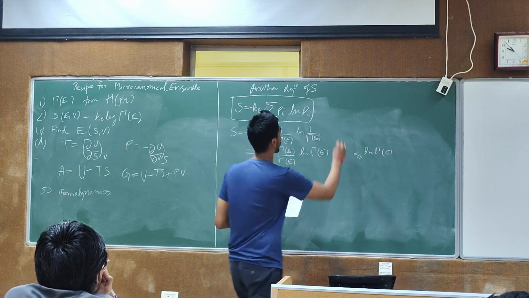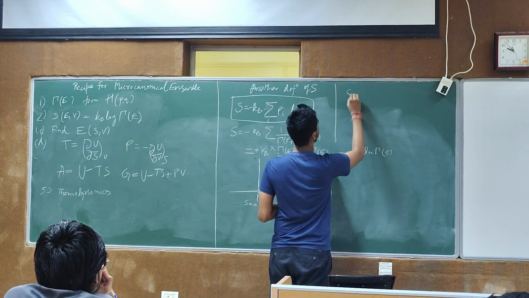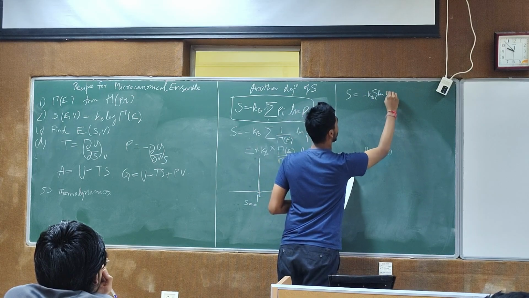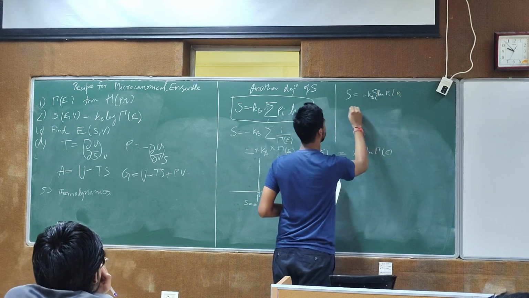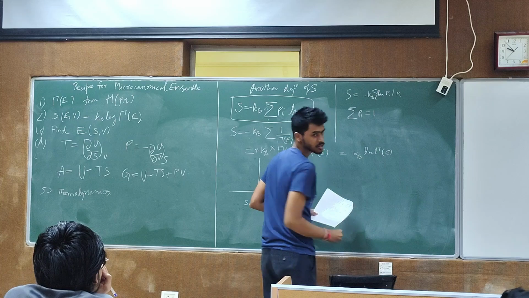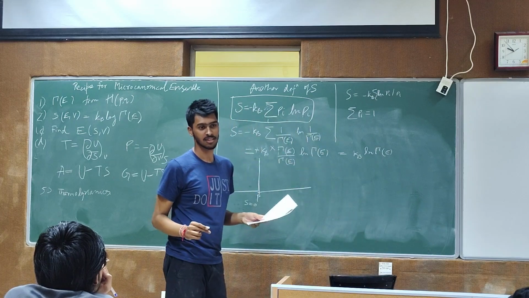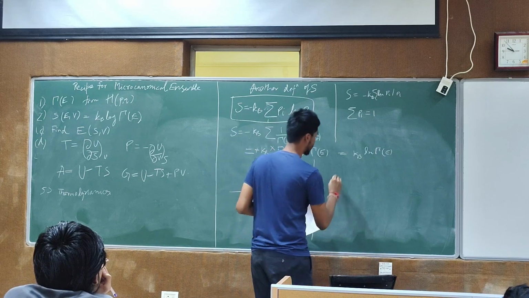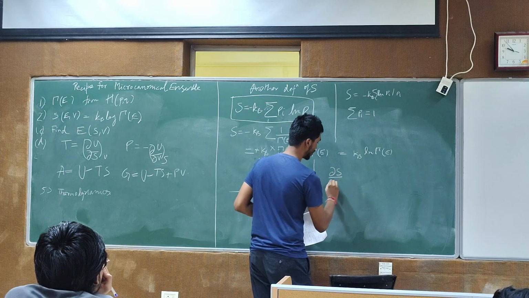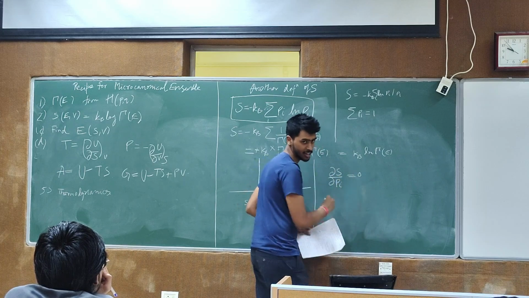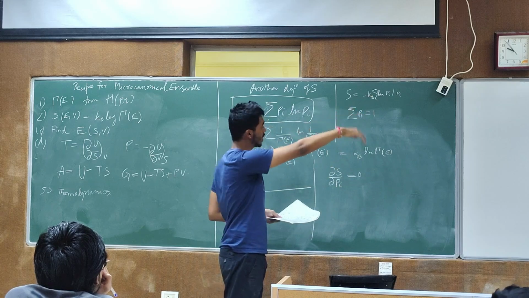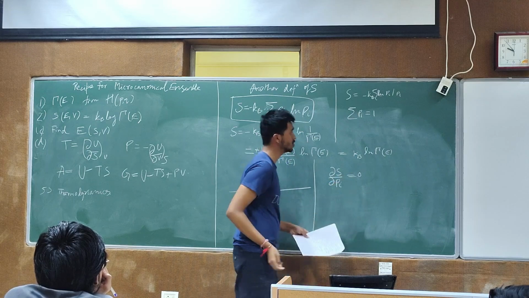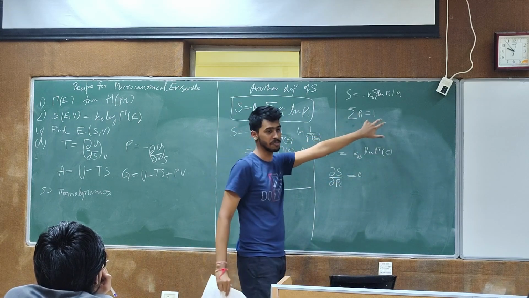So you can maximize S equal to minus k_B sum p_i ln p_i with the constraint that the sum over p_i equals 1. So you know the method of Lagrange multipliers? What you basically do is, when you normally maximize a function S which is a function of p_i, you set the derivative equal to 0. But here you have a constraint that the sum over p_i is 1.